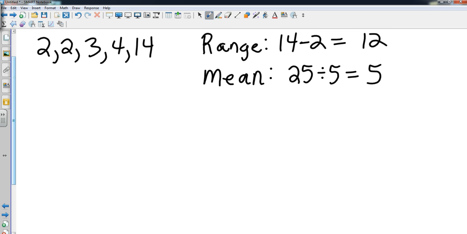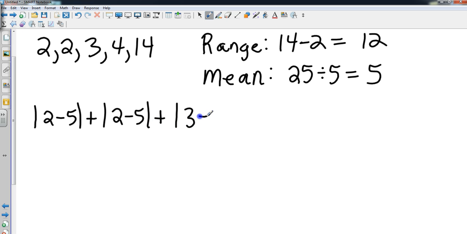So the absolute value of 2 minus 5, plus the absolute value of 2 minus 5, plus the absolute value of 3 minus 5. You can kind of see where we're going here. Plus the absolute value of 4 minus 5.